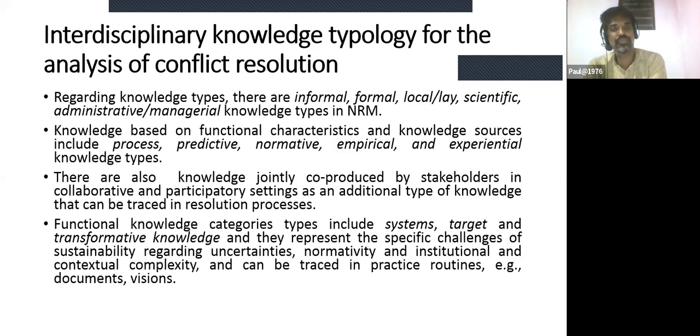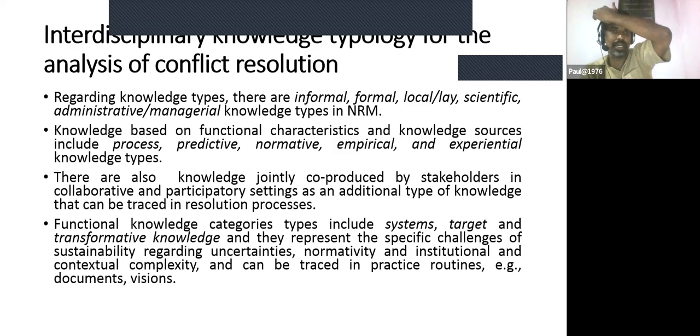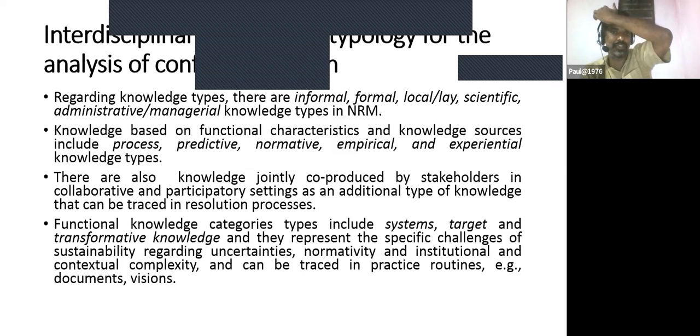They are informal, formal, local, lay, scientific, administrative, managerial knowledge, etc. Knowledge based on functional characteristics and knowledge sources include process knowledge, predictive, normative, empirical, and experimental or experiential knowledge types, etc. Also in urban planning studies.